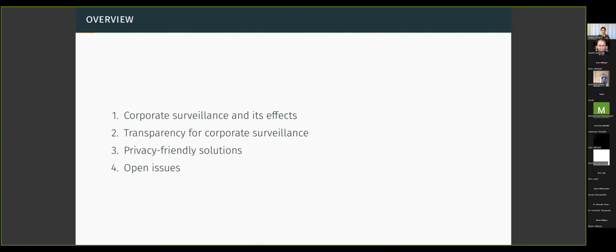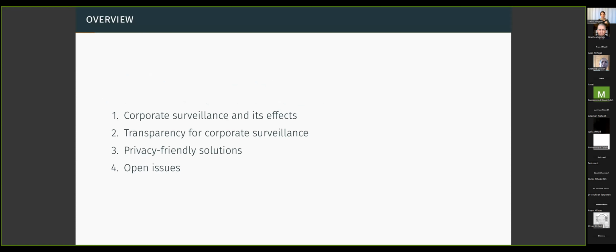To give a brief overview, I will briefly introduce big tech and the surveillance effects that their systems have, then talk about how we can create more transparency for these corporate surveillance systems, then look at how we can create more privacy-friendly solutions, and also discuss some open issues.